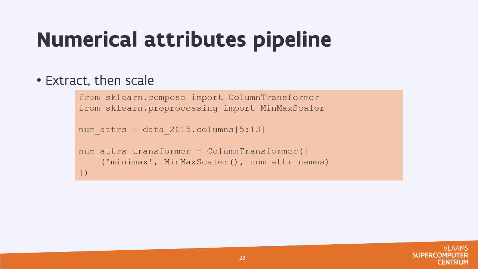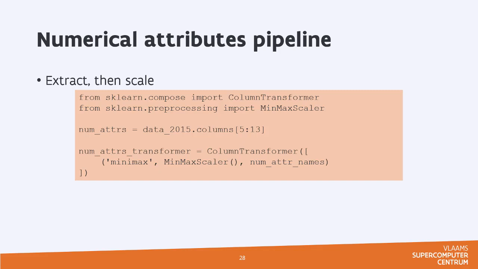And these are indeed the things which we actually want to use. So we define a list of the column names for the numerical attributes, and we just do that by taking the columns of the data frame and taking a slice that happens to accommodate all the numerical attributes.